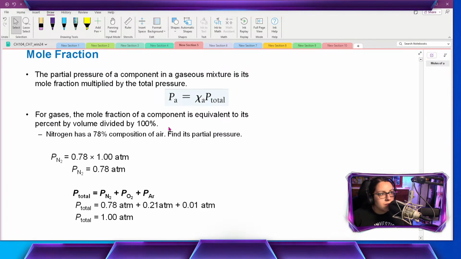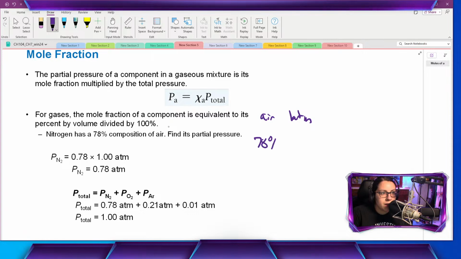And so let's get to the relevant information. You may know this. Let's talk about the composition of air. We have air at a total pressure of 1 atm. And that's made up of 78% nitrogen. And so that's cool, most of the air is actually nitrogen.